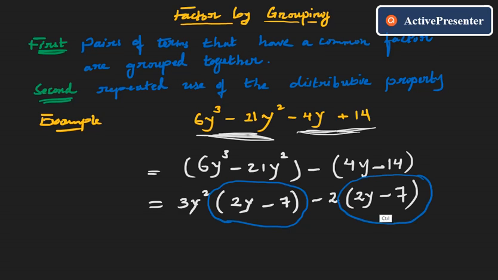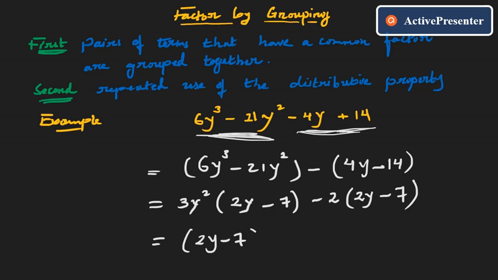So if we take now the greatest common factor as 2y minus 7, open parentheses, we will be left with this one and this one. So open parentheses, we would have 3y squared minus 2. Your factorization is done. Let's have another example.